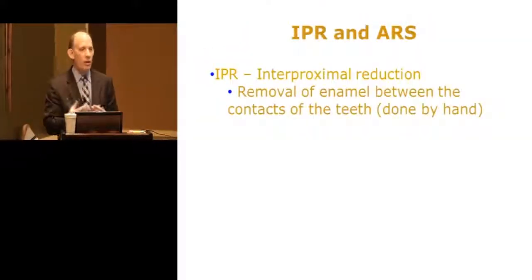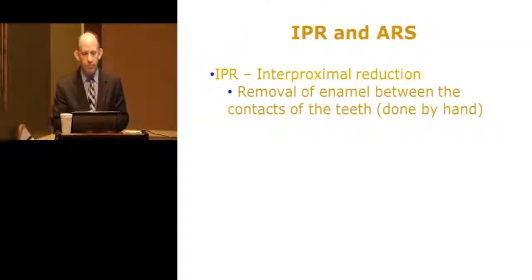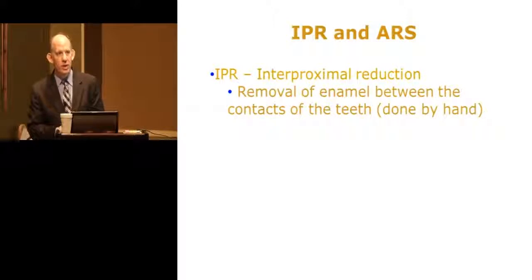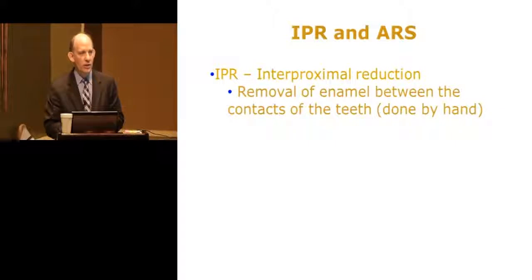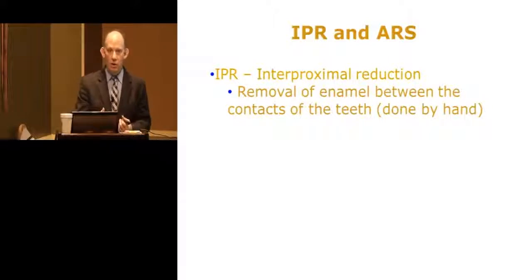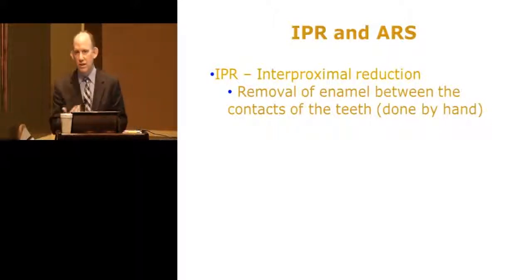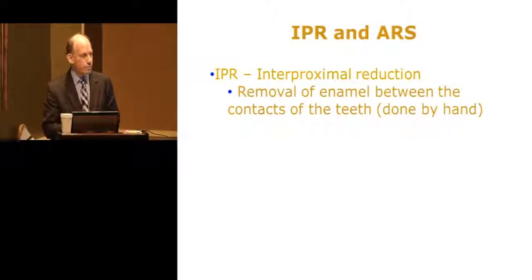I'm going to describe 2 different concepts for you. The first is interproximal reduction, or what we refer to as IPR. Now this term, as of recently, really came to light because of the Invisalign company, because they relied very heavily on IPR in order to make space for the ClinCheck files to be able to physically get the teeth to derotate and to line up.